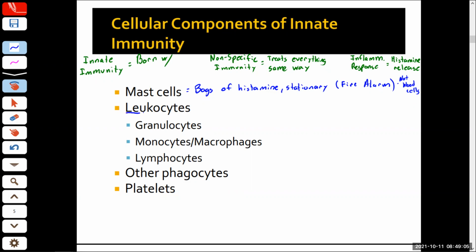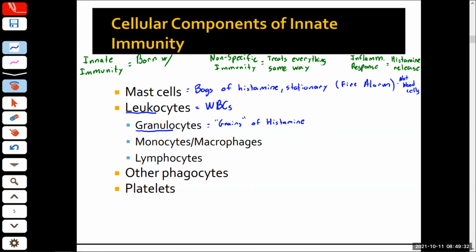Leukocytes, leuko translates to white. These are just your white blood cells. There are several different types of white blood cells that we're going to get into. Granulocytes, granule, like a grain of sand. Granulocytes contain grains of histamine.